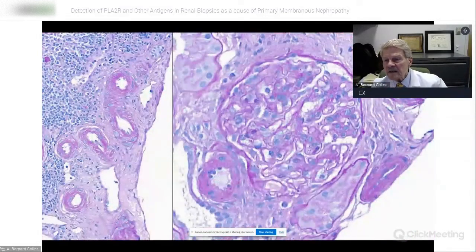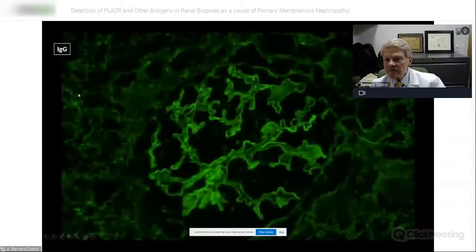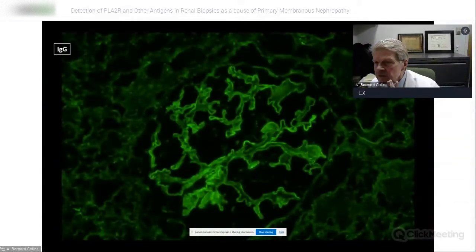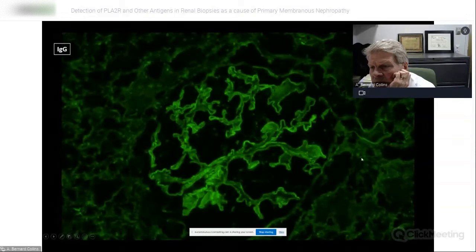And by PAS, you see thickened GBM also, and nephrosclerosis and arteriosclerosis. When we stained the biopsy for our immunofluorescence panel, it's a little hard to interpret this image. Why? Because a lot of this staining is linear. On first glance, we were somewhat put to decide whether there was any granular staining in it at all.